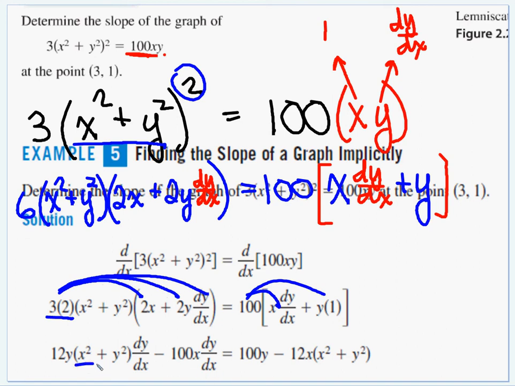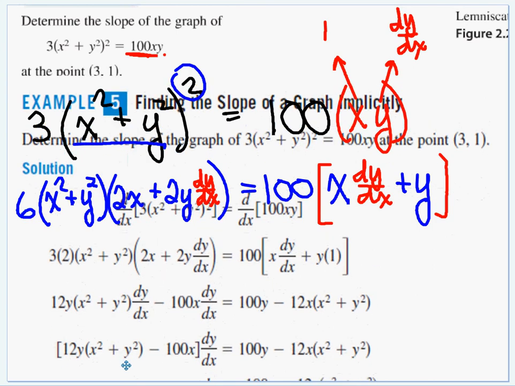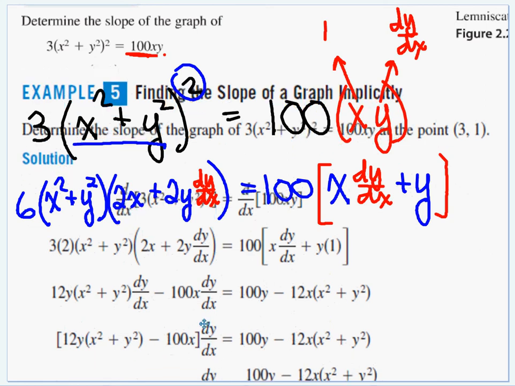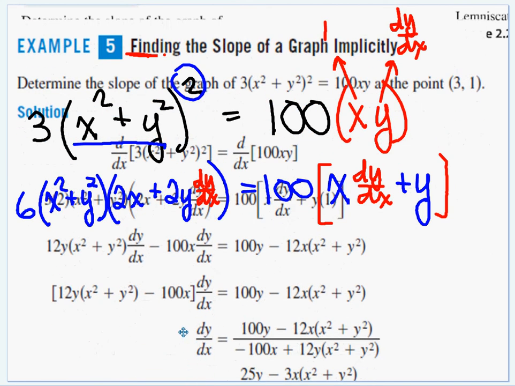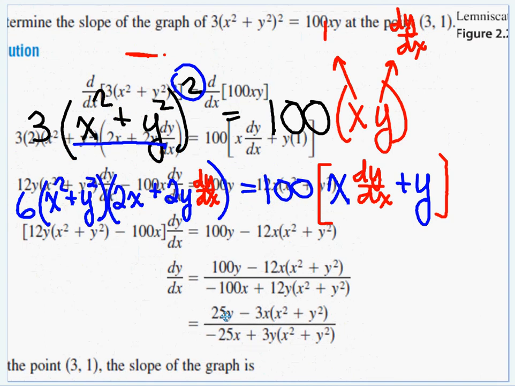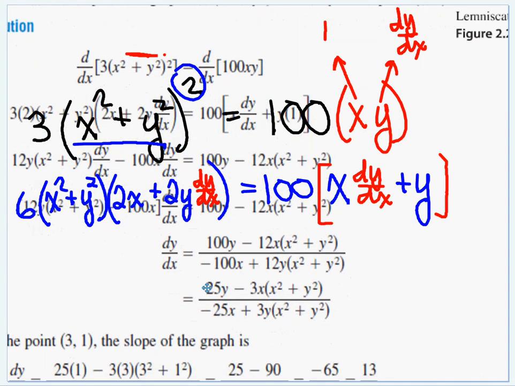They left the x squared plus y squared as a quantity, so they got the 6 and distributed it to those terms, and then moved the 100x dy dx over to the left side. Then they factored out the dy dx, got dy dx by itself, so it looks like this, and then they did some simplification and reduced it down to this beautiful mess right here.